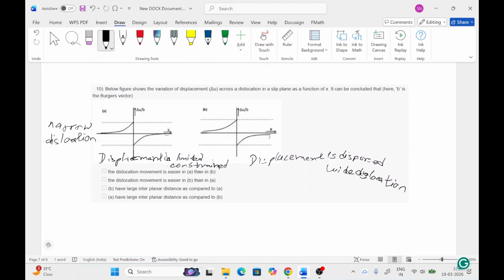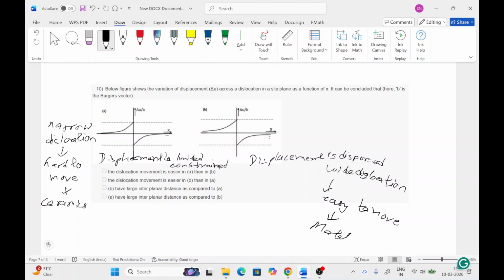So if we compare the dislocation motion of these two, narrow or wide, wider dislocations generally require less stress for the motion. So they are easy to move. This is generally found in metals. And narrow dislocations are hard to move. So the narrow dislocations are generally found in ceramics.